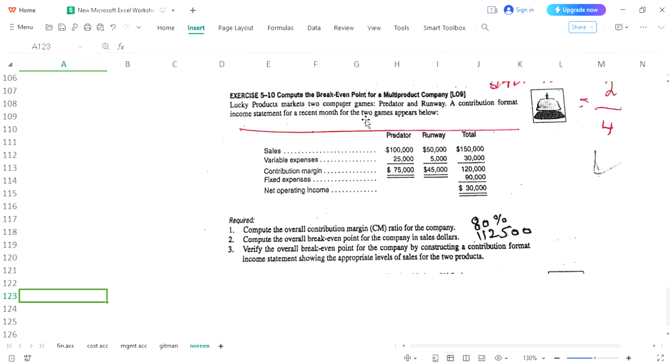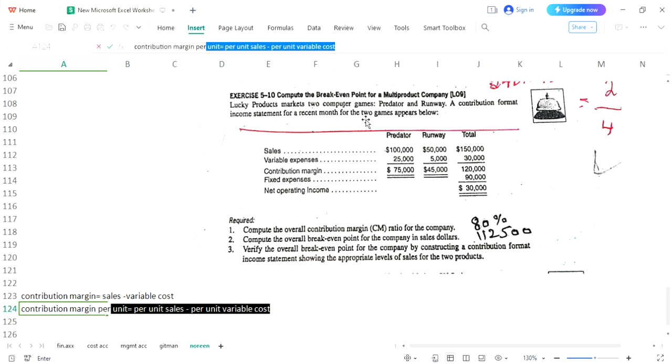As you have seen, we have started contribution margin, and you know how to calculate your contribution margin. You will subtract your variable cost from sales. In this way you can calculate your contribution margin. In a similar way, if you want to calculate your contribution margin per unit, how would you calculate it?